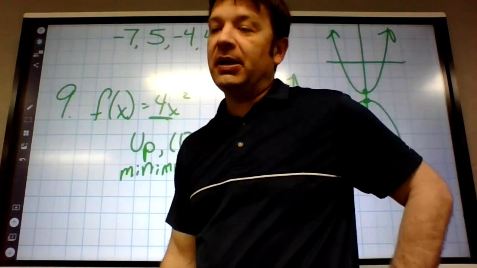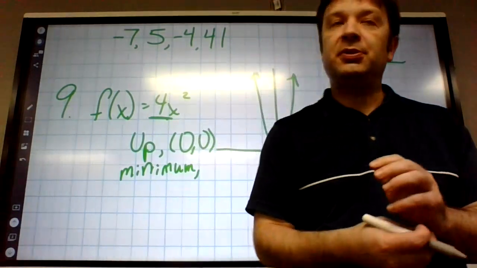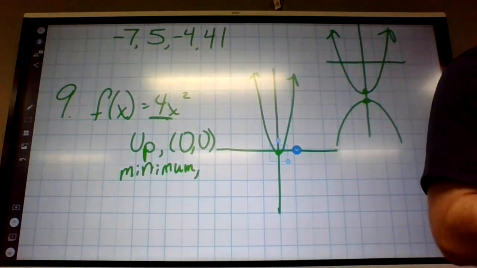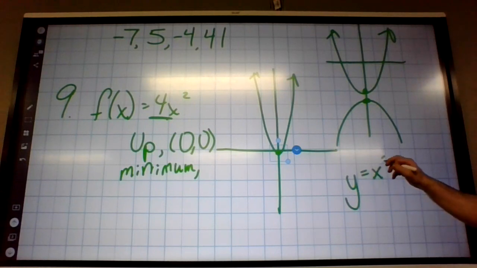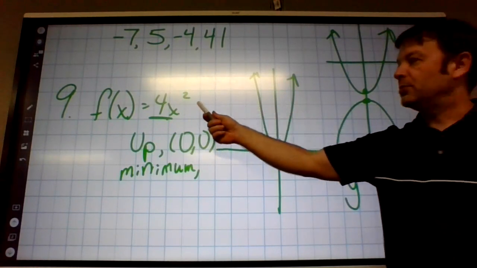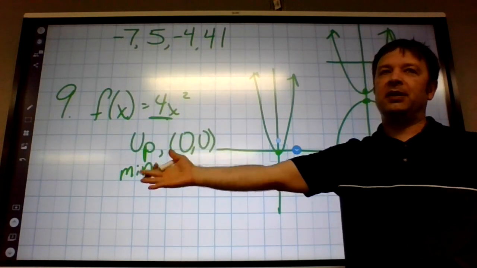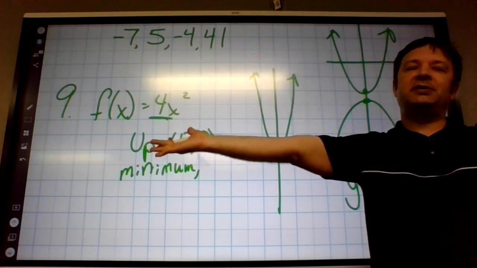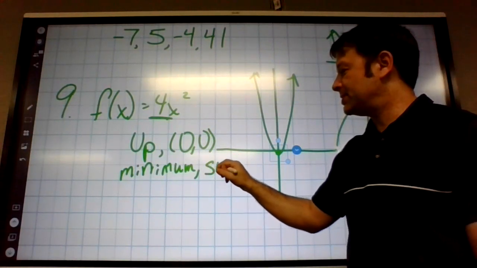All right, the last one, compared to the shape of f of x equals x squared. So compared to a normal graph, how's this one going to look? Yeah. I said skinnier, steeper, goes up faster. The word we're going to use is steeper.